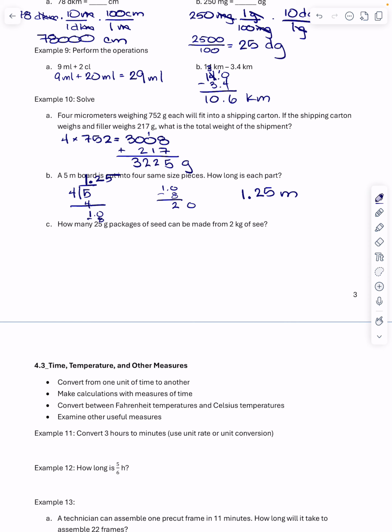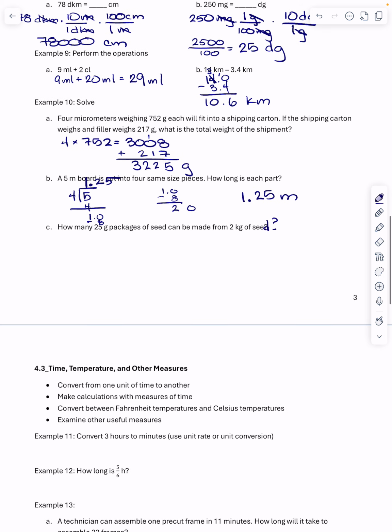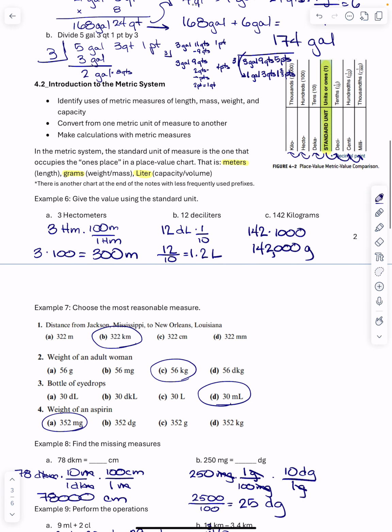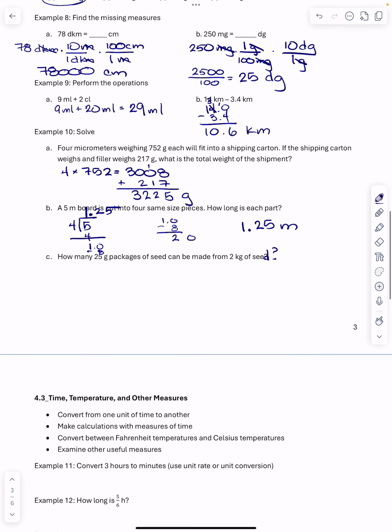C is a little different. I want 25 gram packages of seeds when I've got 2 kilograms of seed. Sorry, slight typo there. So first thing I want to do is convert kilograms to grams. And we go back up here and check. There are 1,000 grams in 1 kilogram. So if I have 2 kilograms, I'm multiplying by 1,000.